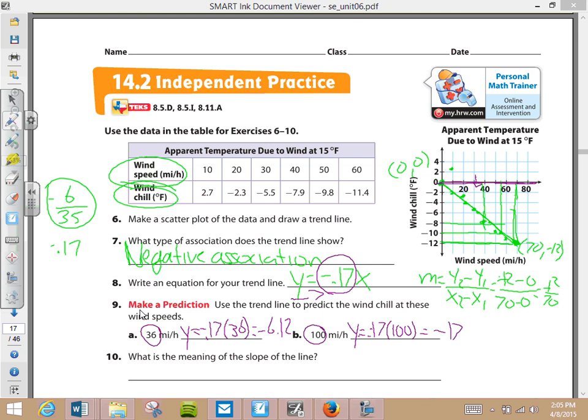What does the line mean? Yes, but how is it changing? Can you explain to somebody? Yes, the higher the wind, the lower the temperature. That's it. That's simple. It's a negative slope. So basically, the harder the winds, the higher the winds, the lower that it pushes the temperature. All right.